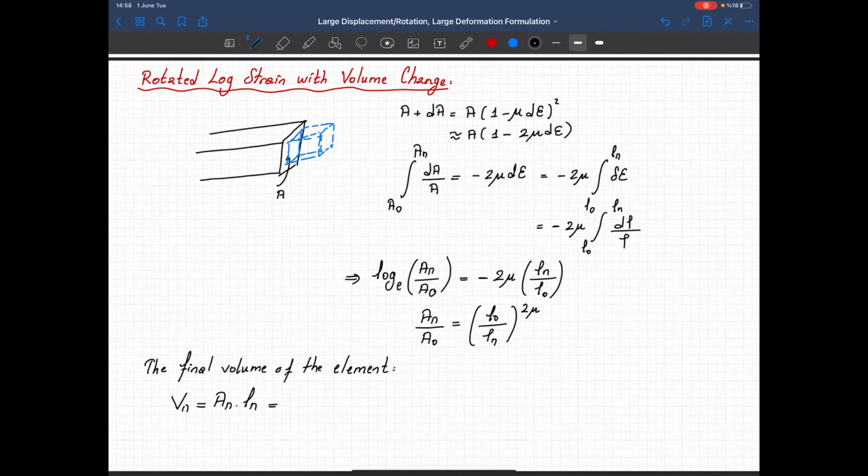That's equal to A0 multiplied with L0 to the power 2 mu divided by Ln to the power 2 mu, multiplied with Ln, and this will give me A0 times the initial length to the power 2 times Poisson ratio divided by the final length to the power 2 times Poisson ratio minus 1.